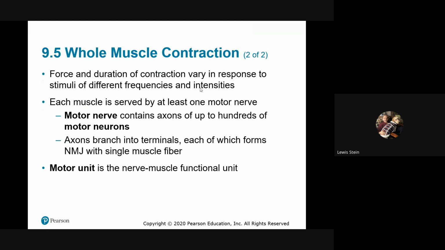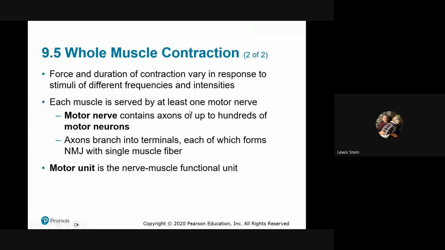And when you get to the nervous system, it's absolutely about frequency, not amplitude. When you hear my loud voice, that's because your brain is getting signals like that. When you hear my soft voice, frequency represents amplitude. Similar, but not identical in muscles.